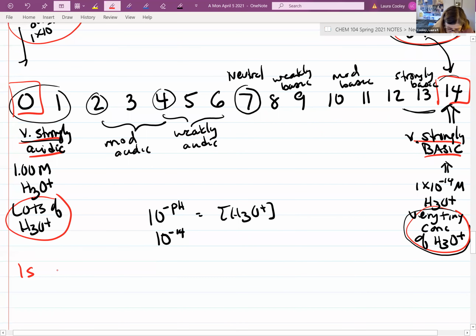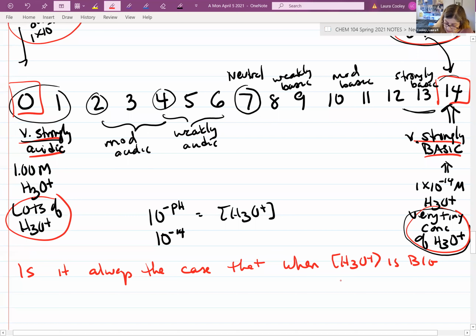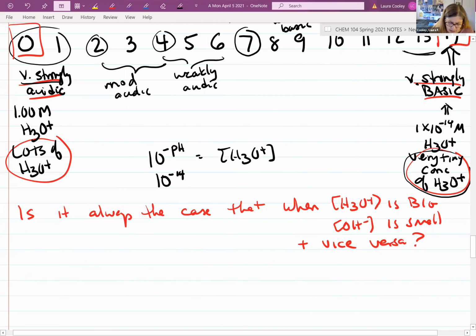So is it always the case that when H3O plus is big, OH minus is small, and vice versa? And why? Why would there be a relationship between them? Okay. The other question is, what happens at a pH of 7?